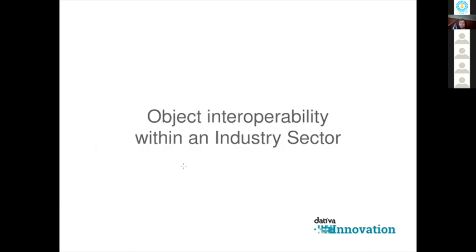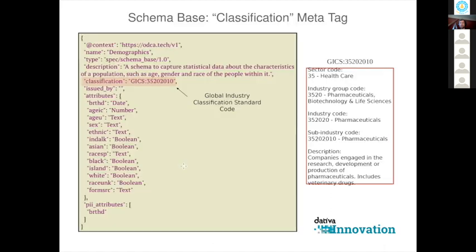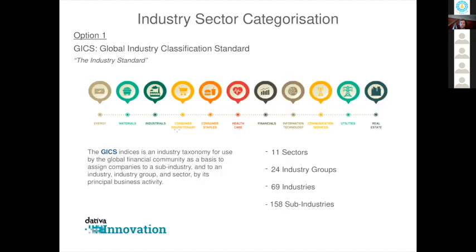And obviously those objects need to be interoperable. Depending on the industry sector and where the data is coming from, you have different classification methods. Currently, we are using something called GICS, the Global Industry Classification Standard.